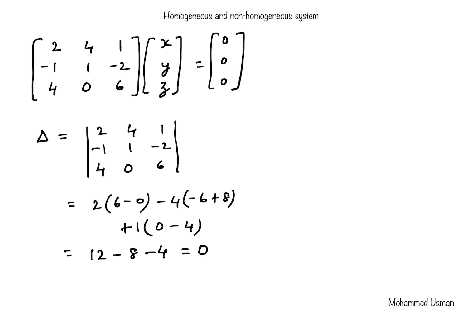Now, when you look at this, you can clearly see that the determinant of the coefficient matrix is equal to 0. And when the determinant of the coefficient matrix is equal to 0, it means one of two possible things. The first is that there is no solution at all for these equations, or the system of equations has infinite possible solutions.